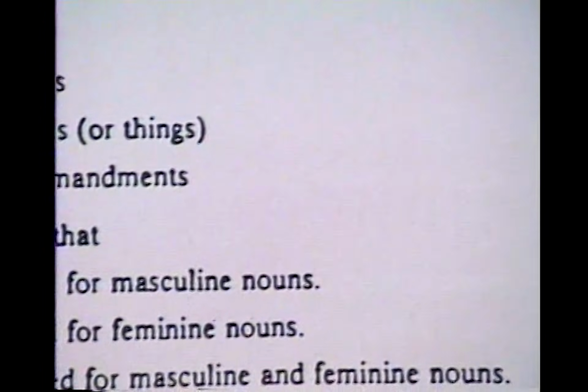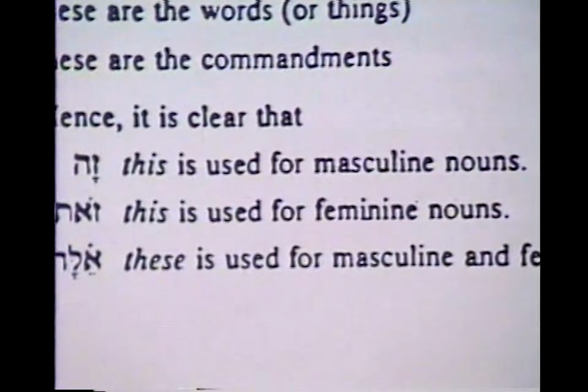These are the books, we'd say ele hasfarim. These are the words or things, we'd say ele hadvarim. These are the commandments, we'd say ele ha mitzvot. All right, so that gives you the examples of these demonstrative pronouns.